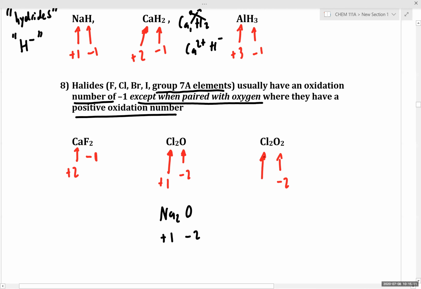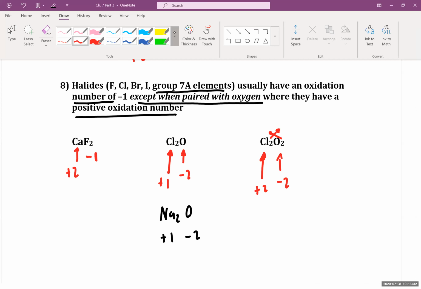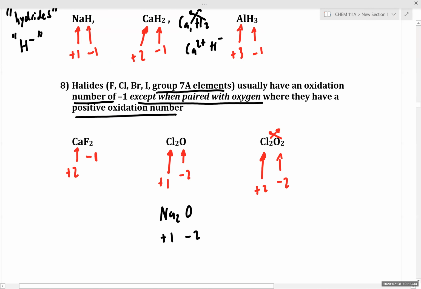So what is the oxidation number of chlorine in this case? +2. Yep, exactly right. We're just crossing the subscripts into the oxidation number values. Perfect.